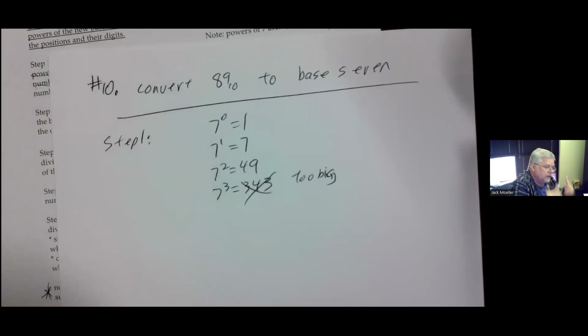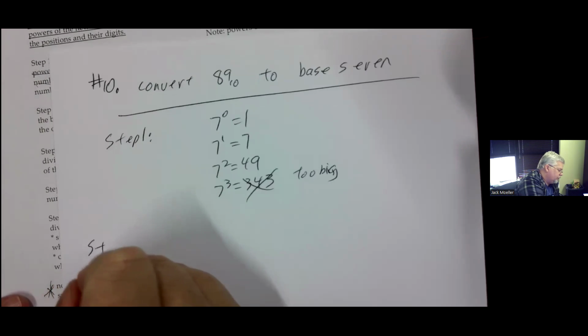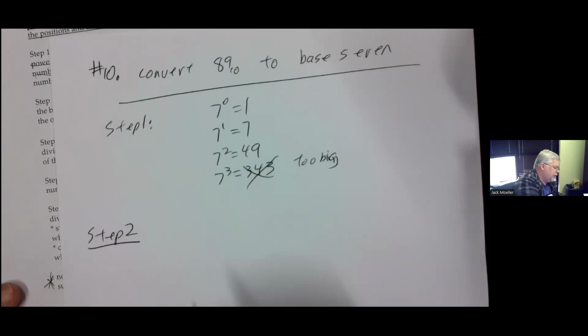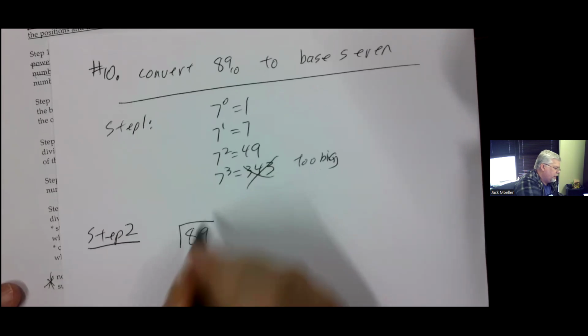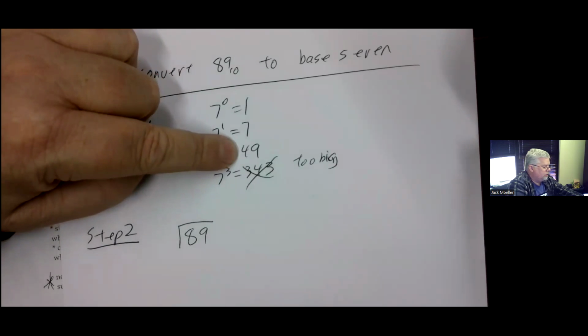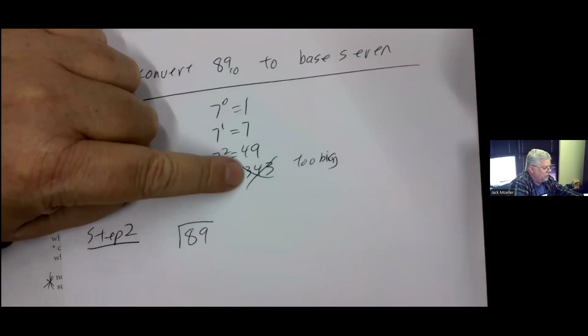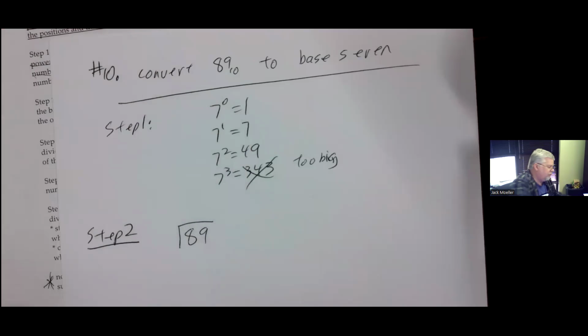So how do we use this? This is where we do our divisions. So we're going to divide 89. What are we going to divide 89 by? Always start with your biggest power that's not too big. 343 is too big, so we're going to divide by 49.